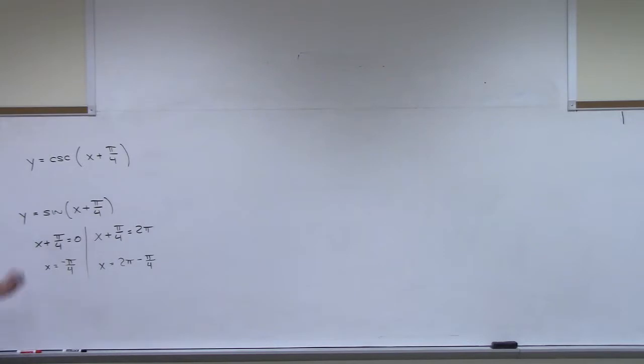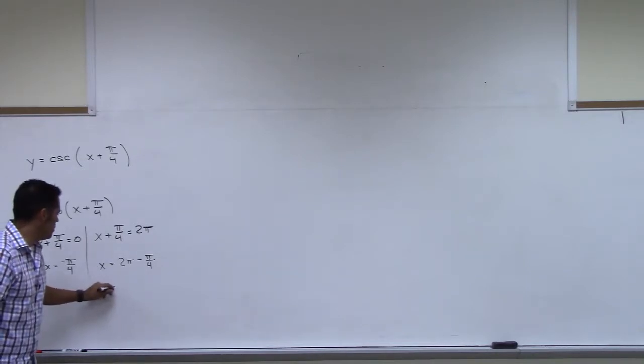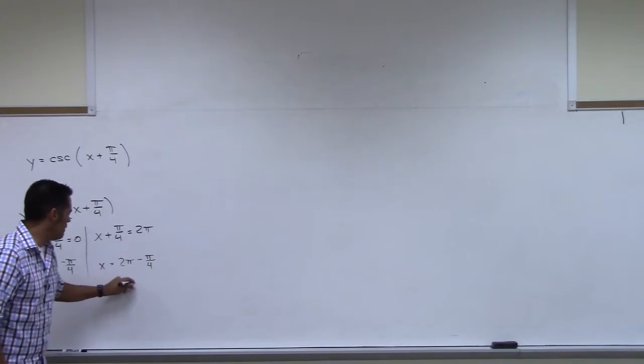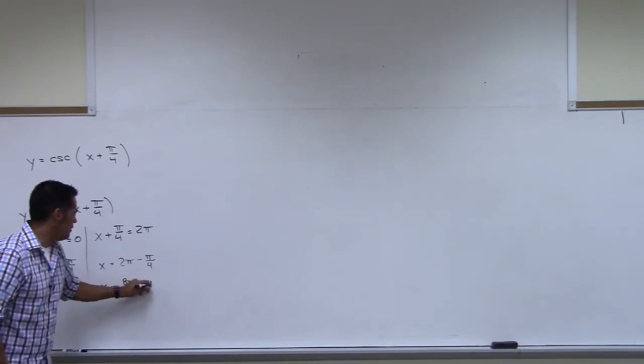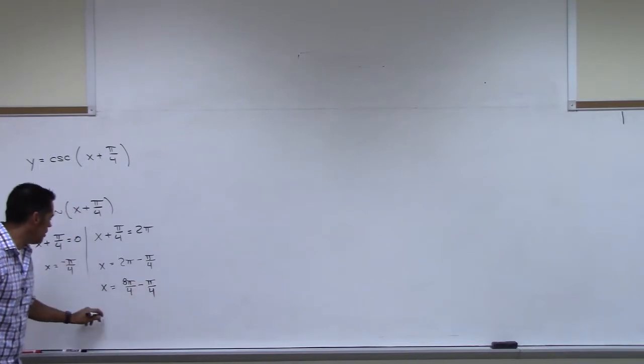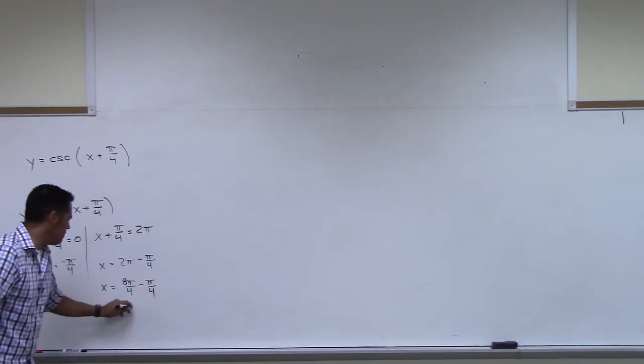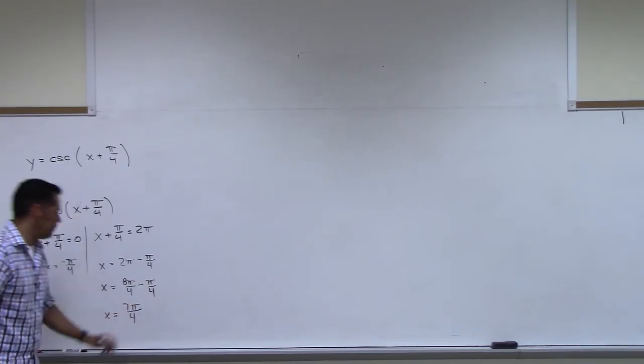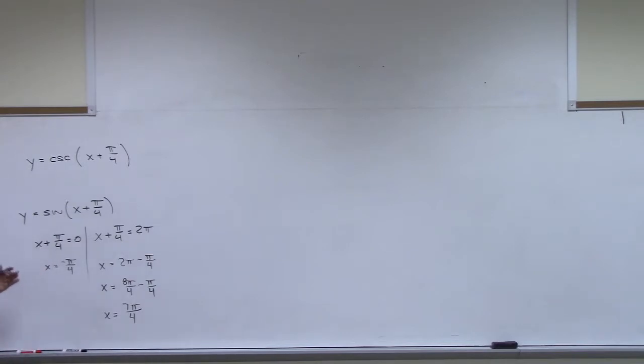Hopefully by now you've done enough of these problems that you're getting a little faster with common denominators and things like that. Do y'all feel like you are? So here I'd have to do 8 pi over 4 minus pi over 4, so I have a common denominator of 4. So this is just 7 pi over 4. So these are the 2 endpoints of my graph.